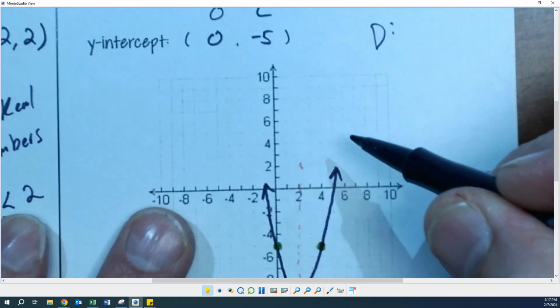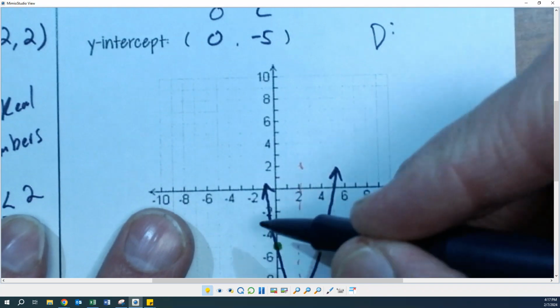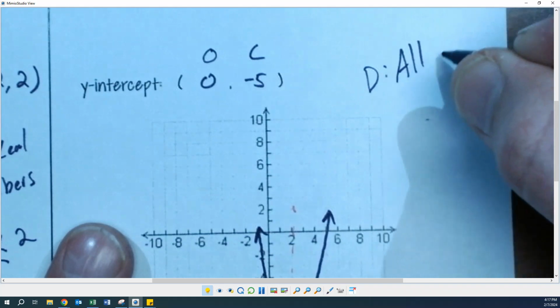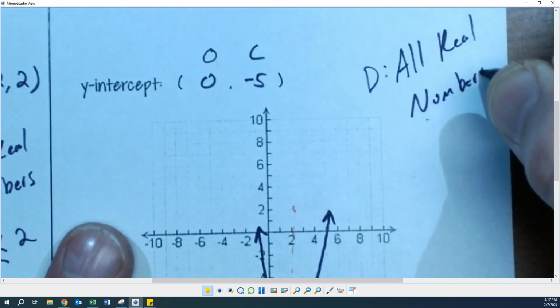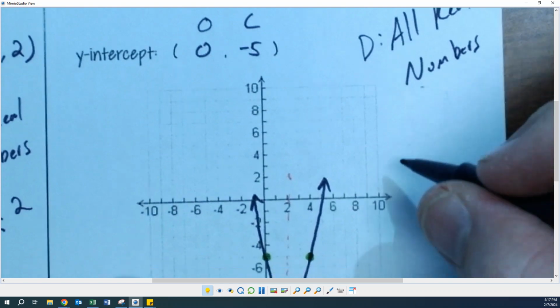Plus, we have these arrows, which means it goes on forever in this upward and right direction and this upward and left direction. So that means it is all real numbers. Again, your domain will often be that unless there is some sort of restriction.